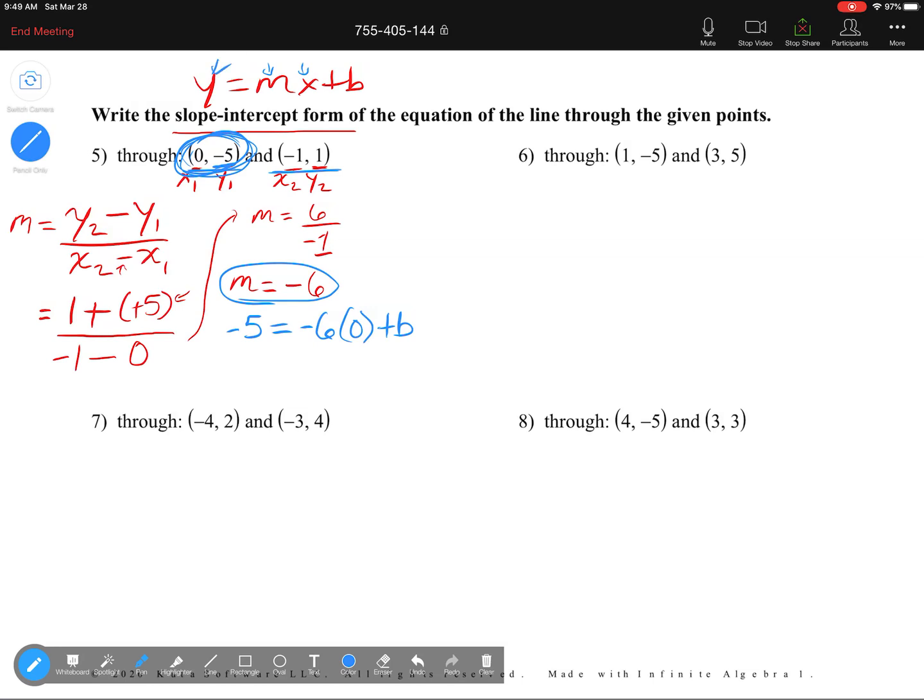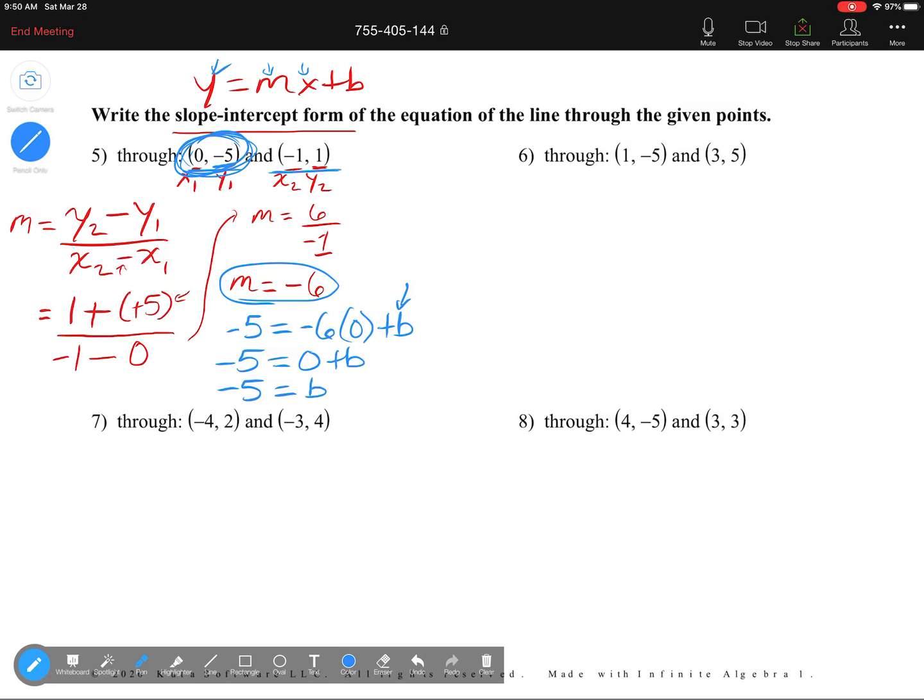So that's why the negative 5 went in its location, the m, negative 6, went in its spot, and the x, 0, went in its correct spot. The only thing we don't know yet is our b value. Well, we end up with negative 5 equals negative 6 times 0, which is 0, plus some b. And that's the advantage of using those values that have 0. Things cancel out, nice and easier. And as a result, we have negative 5 equals just b.